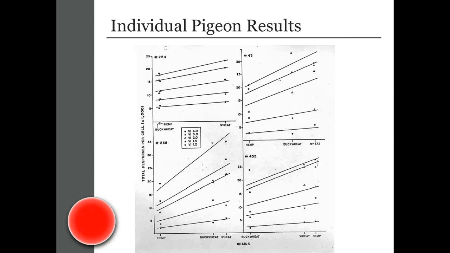You can see most starkly the differences in food preferences. Wheat was generally preferred by pigeons, but for the pigeon on the bottom right, hemp was more strongly preferred than wheat. Maybe it was surprising to me, and maybe to you, that pigeons show such consistent differences in food preferences.